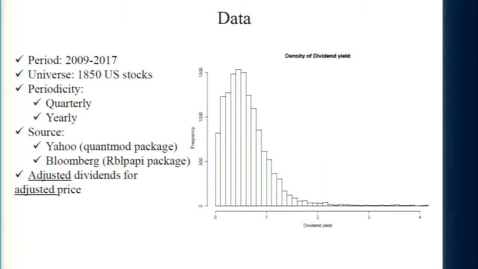The important fact is that we should use adjusted dividends with adjusted prices, or non-adjusted dividends with non-adjusted prices, because the result can change when we don't use correct data.